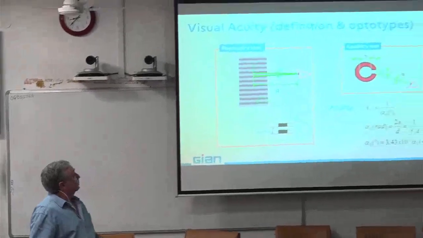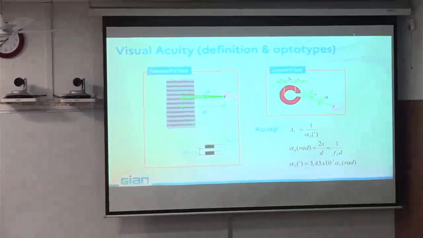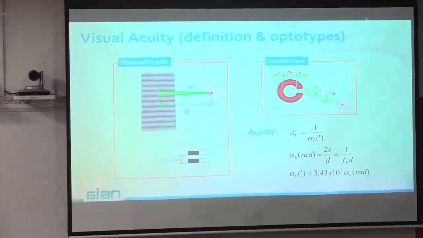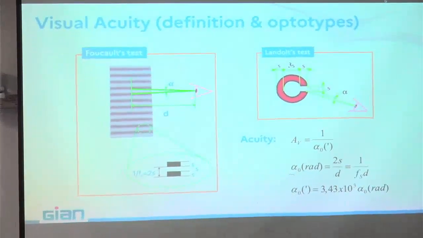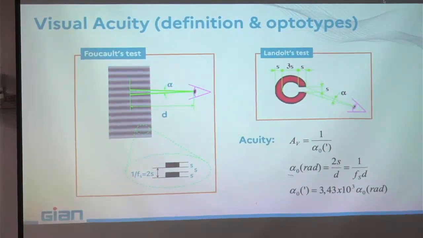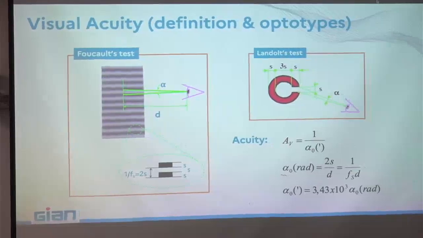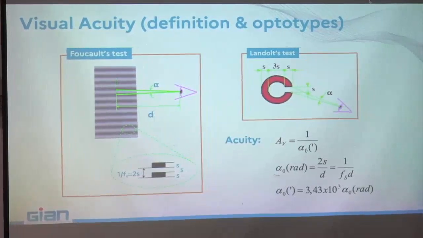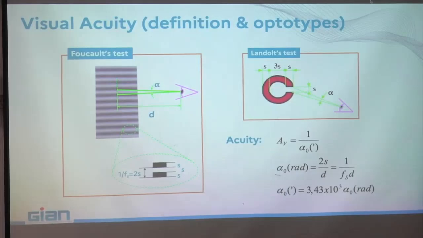Our vision is measured by what we call the visual acuity. When you go to the ophthalmologist, they show you letters and tell you what you can read, and they tell you that you have 10 on 10, or 8 on 10, or 6 on 10, or 1 on 10 vision.